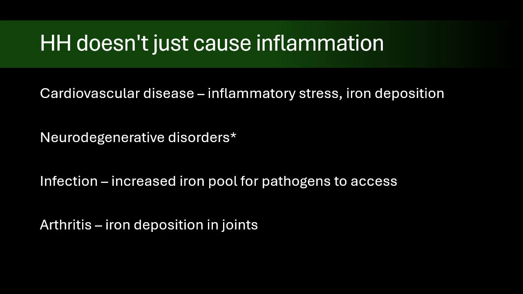Firstly, because of the oxidative stress and inflammation that excess iron in your blood will cause to the tissues in your heart as well as your blood vessels. But the second reason is excess iron can deposit in fatty deposits in the arteries, making blockage more likely.